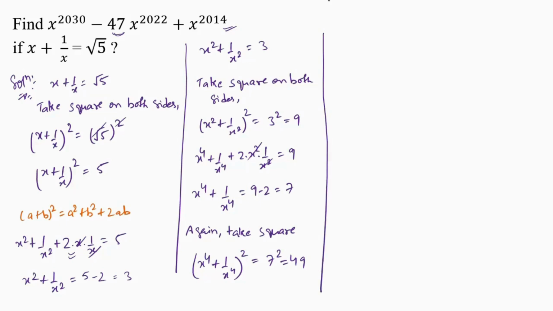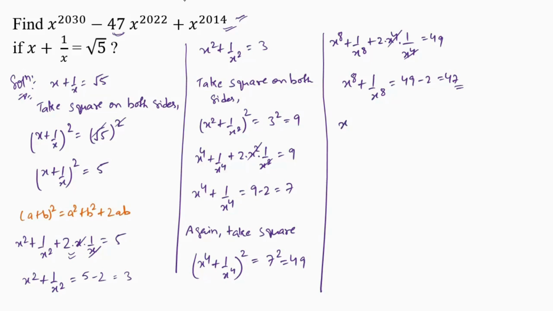And we get x raised to power 8 plus 1 over x raised to power 8 plus 2 times x raised to power 4 times 1 over x raised to power 4 equals 49. This will get cancelled out and we get x raised to power 8 plus 1 over x raised to power 8 equals 49 minus 2, that is 47. Now substitute this value of 47 in the given equation.